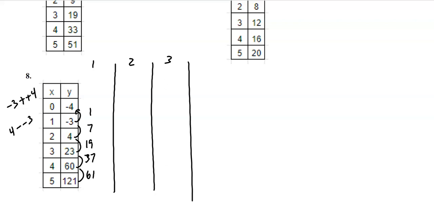Second difference, 7 take away 1 is 6. 19 take away 7 is 12. 37 take away 19 would be 18. And that one would be 24, it looks like. So nothing quite yet. Third column, when I do the difference, I get 6, 6. Ooh, 6, finally. I have a common difference in the third one.